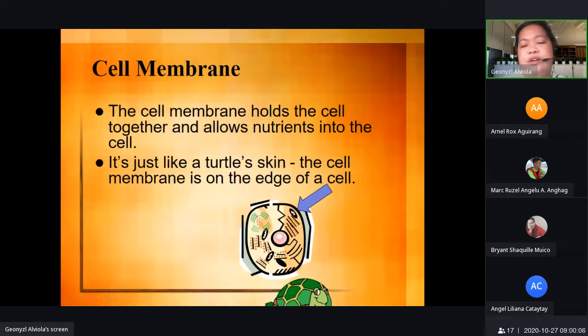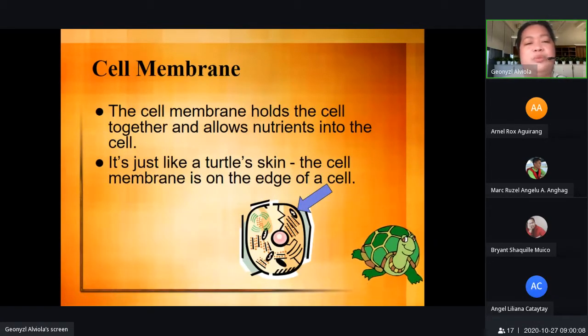So the first structure, the outermost, is the cell membrane. The cell membrane holds the cell organelles and the cytoplasm together in place. It is also called a semi-permeable membrane. When we say semi-permeable, it doesn't allow all molecules to go in and out of the cell.